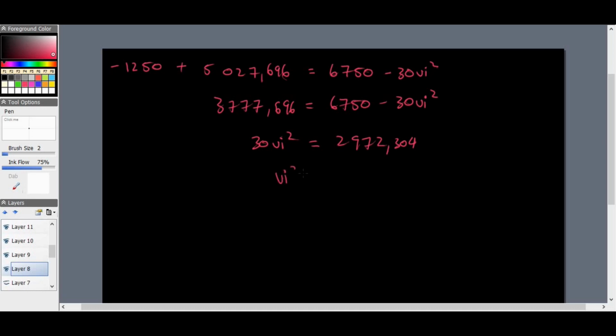I get VI squared is equal to 99,0768. I'm going to square root both sides. And therefore VI is equal to 9,95 meters per second.